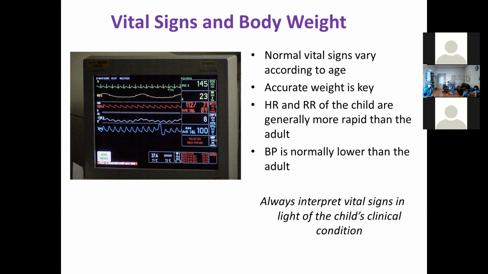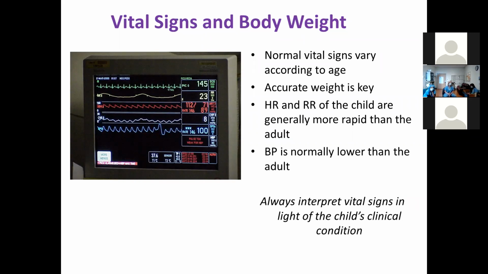So, pediatric vital signs. As you know, they are normal according to age. Accurate weight is the key, as we mentioned before, in whatever we are doing in pediatrics. The heart rate and respiratory rate are inversely related to the child's age.